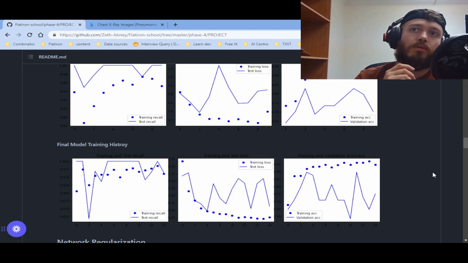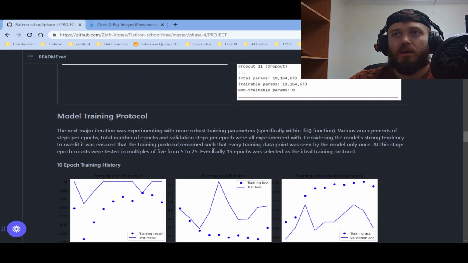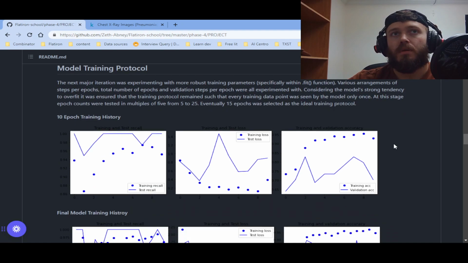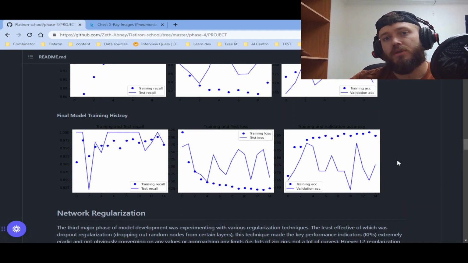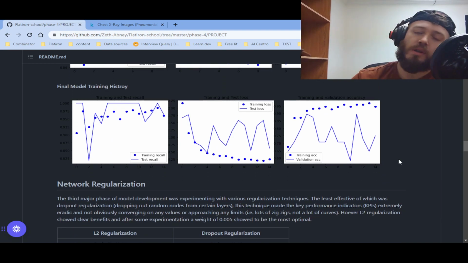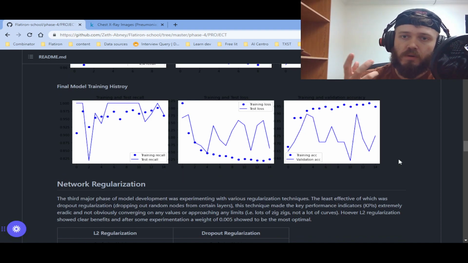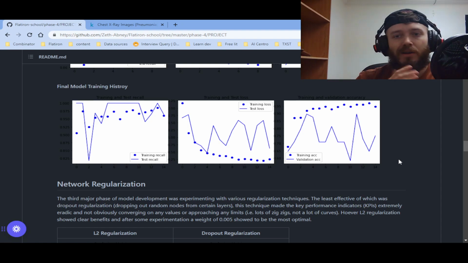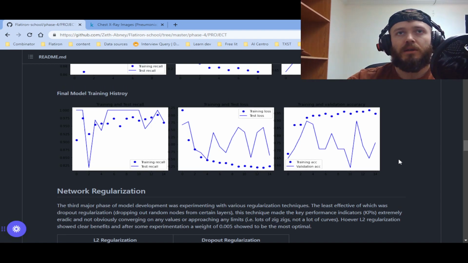Playing around with a lot of those different things, eventually I landed on, I believe, about 15 epochs. And I ended up doing 15 epochs where it still only sees each image once. I tried using an early stoppage callback to see if maybe it helps if it sees some of the images more than once, or all the images twice or whatever, and it didn't improve the model at all.